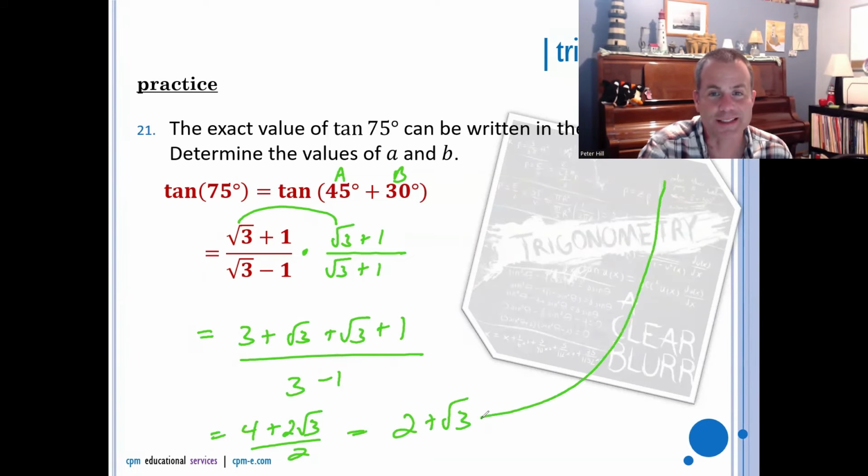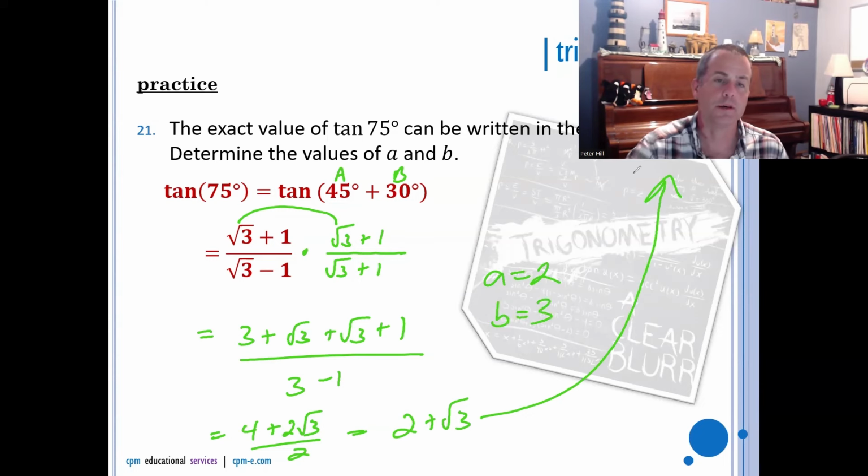Now that's awesome because that's exactly in that form. So now I can say, hey, A equals 2 and B equals 3. Okay.